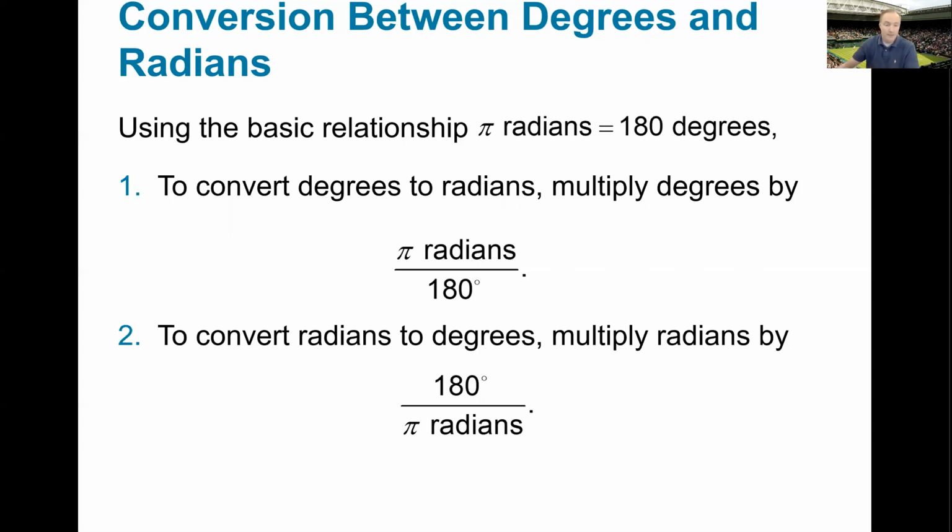So you multiply by the fraction, pi radians over 180 degrees. If I needed to get rid of radians and put my equation in terms of degrees, then I would need to divide by radians and multiply by degrees. So you see I multiply by the fraction 180 degrees over pi radians.